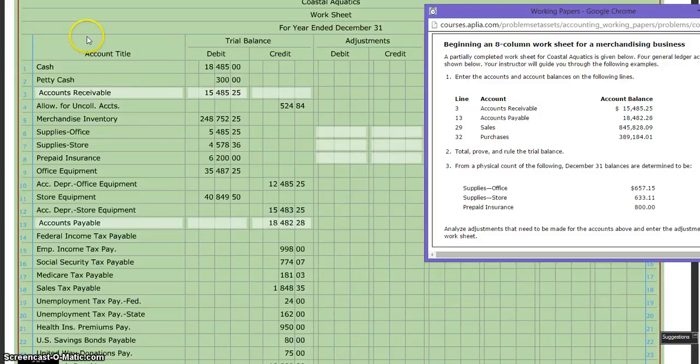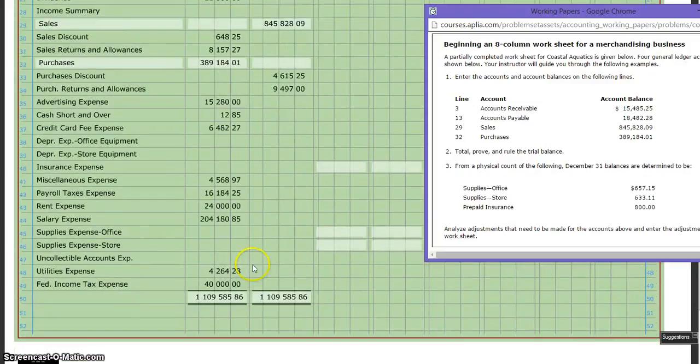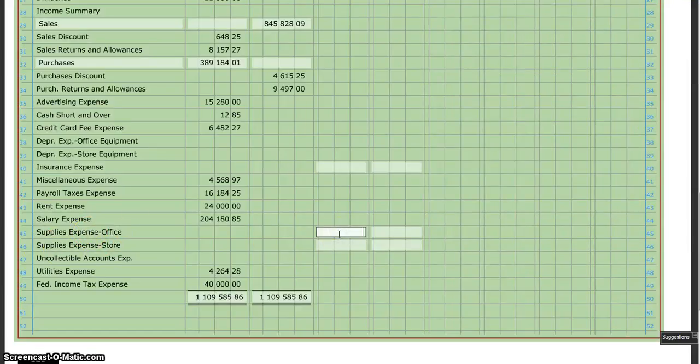So when we subtract those two numbers, we get $4,828.10 left. So if we recall, we have to record our debit first. So we go down to our supplies expense-office, down here, and we record the debit amount.